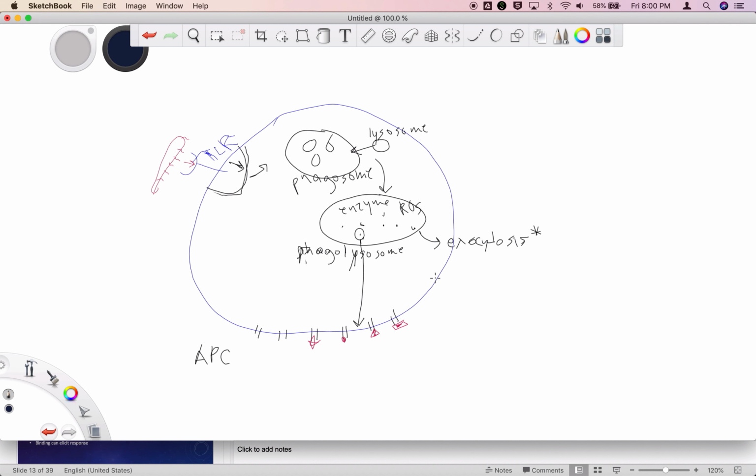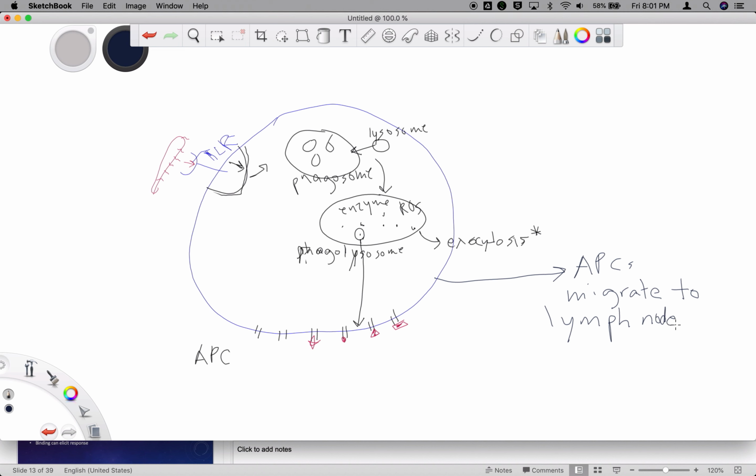Once this process begins, these antigen-presenting cells, APCs, will migrate to the lymph nodes. Lymph nodes are these meetup spots we have between these antigen-presenting cells and our lymphocytes.